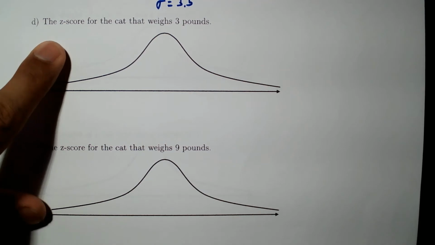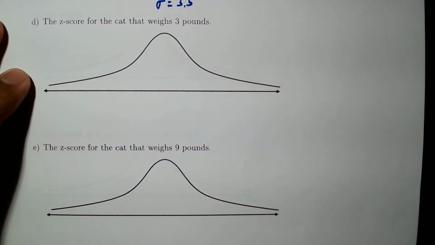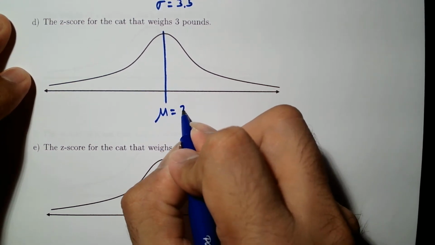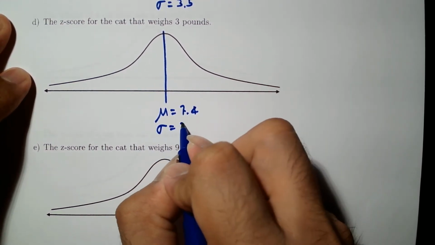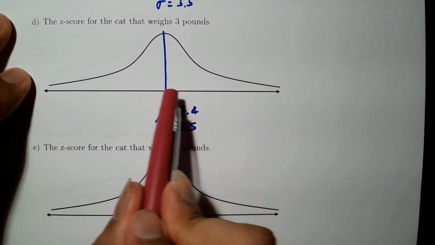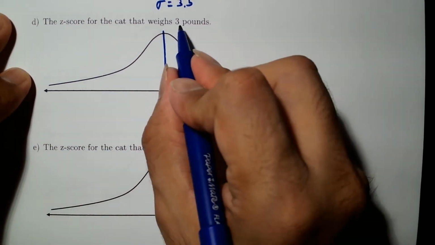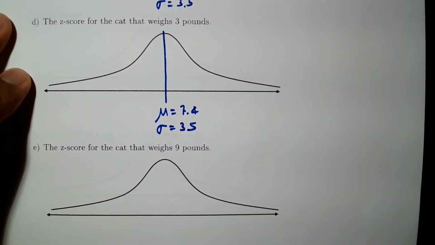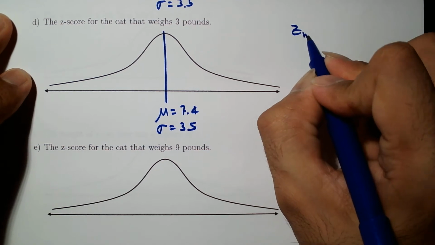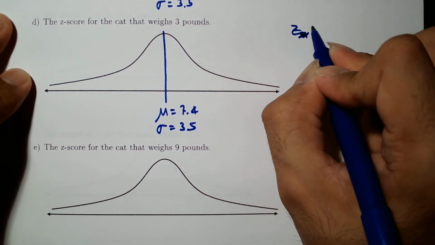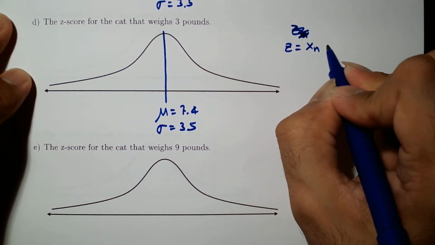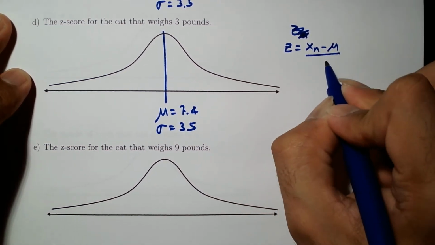So, what is the z-score of a cat that weighs 3 pounds? We do the same. State the mean, the standard deviation, 3.5. But in this case, we are going to look for values below. So, 3 pounds. Well, let's see. First of all, plug in the numbers. It's just z equals x_n minus mu over sigma.